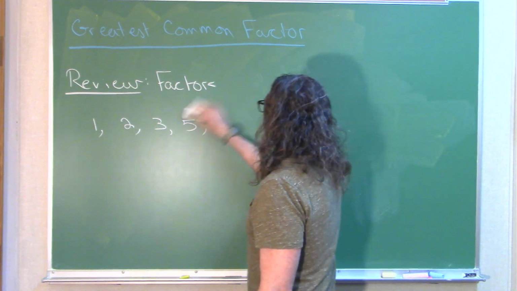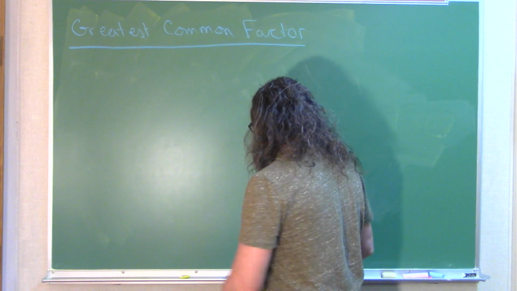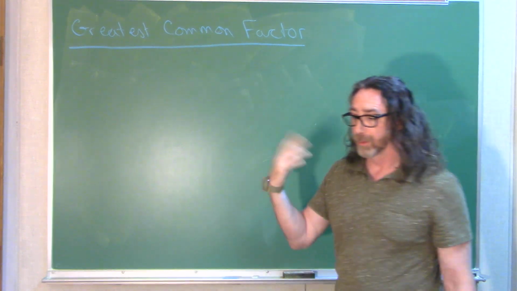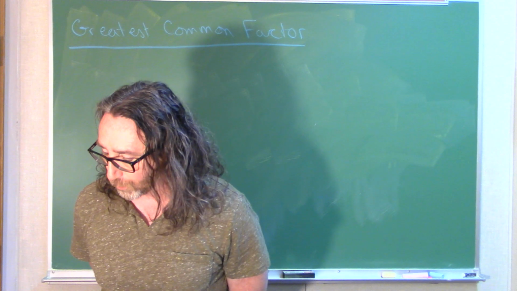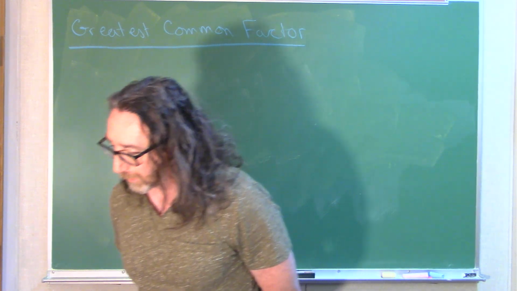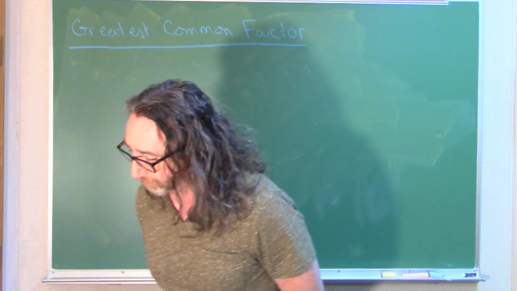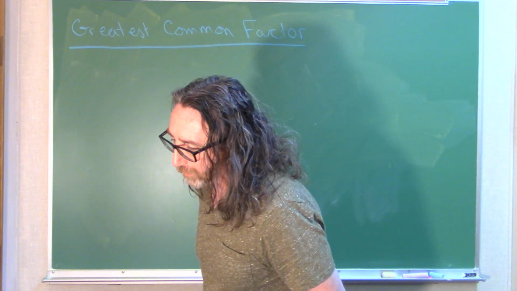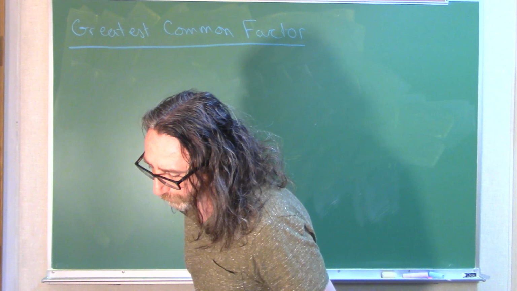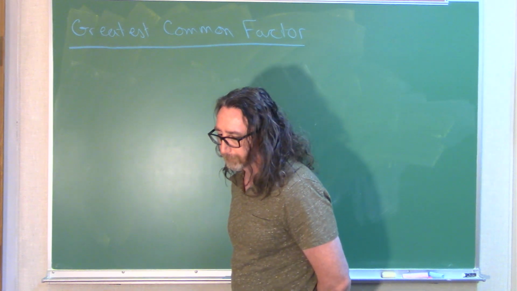Now that we remember how to do that, we know how to find the greatest common factor, or at least you'll understand what's going on. So let me do an example for you: the greatest common factor of, let's start with, 9 and 12.